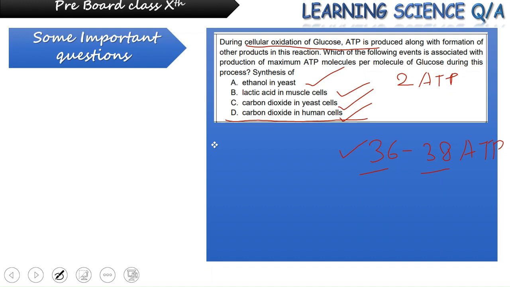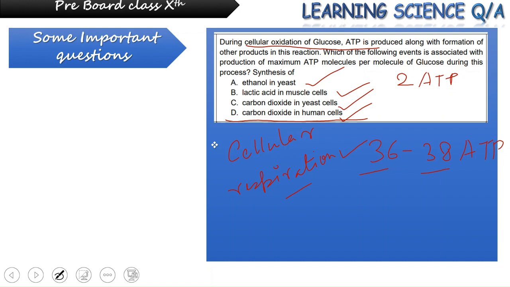This process is cellular respiration, which is simply the breaking down of our food, which is glucose, to produce energy to drive most of our metabolic pathways.